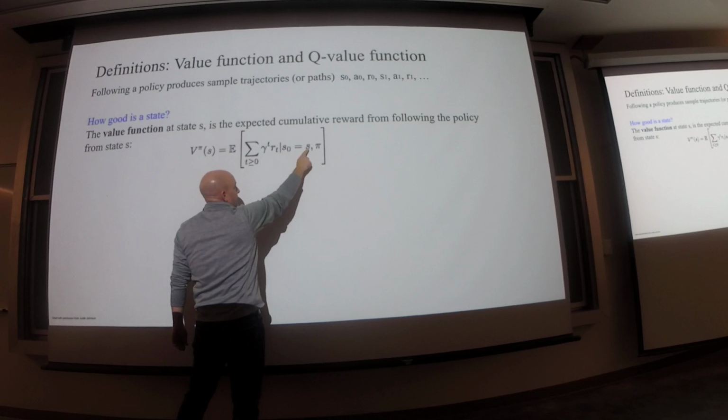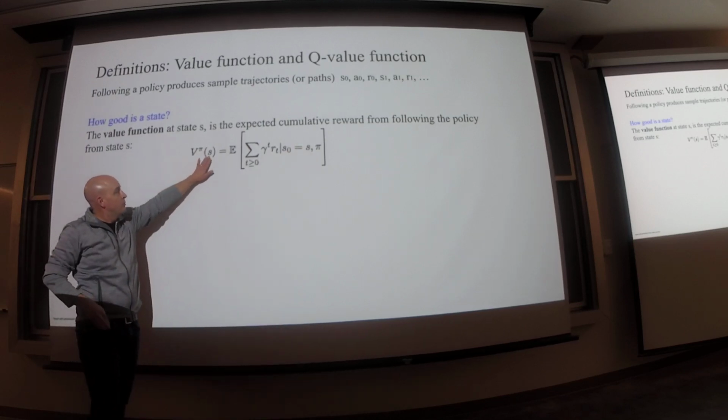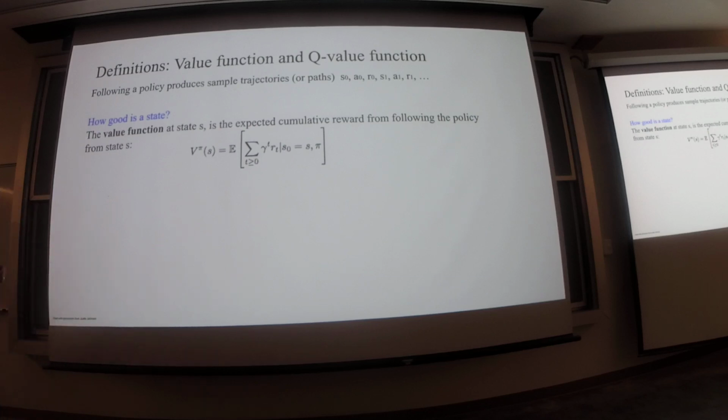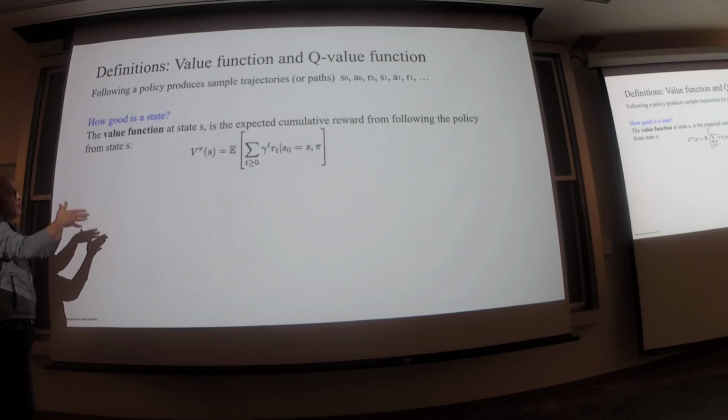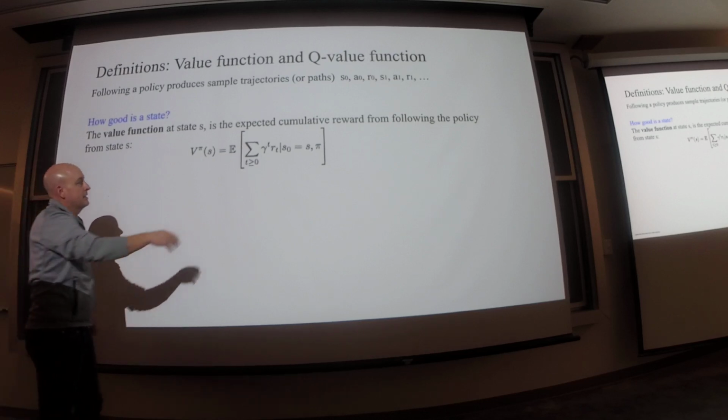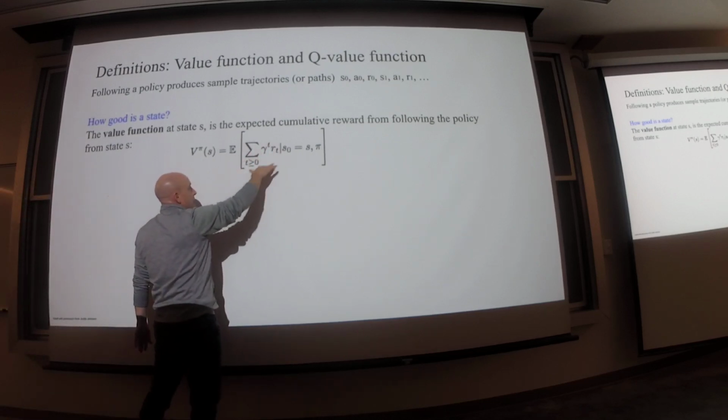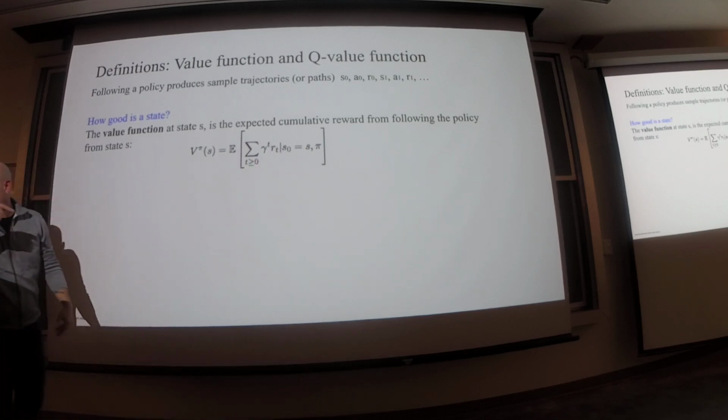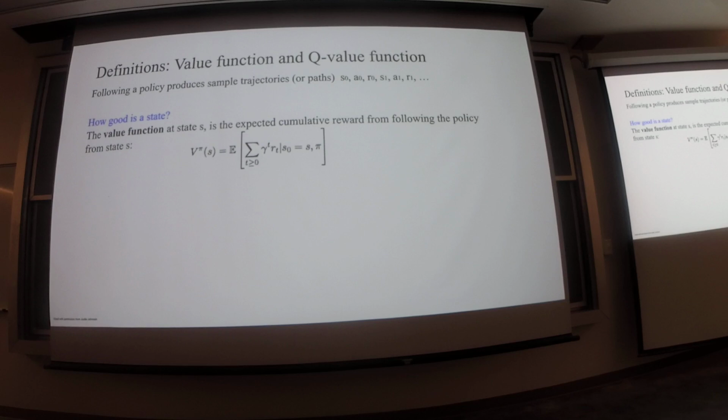But this time, we're given an initial state S. One way of thinking about how good this state is, is by asking what are the expected cumulative rewards if we start, given this policy, in that state. If these are really low, this would be a bad state, but if we start here and they're really high, this is a good state, right? So this is a pretty reasonable way of evaluating how good a state is. And this is called the value function. We use the letter V for that.